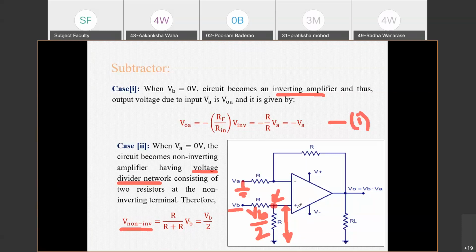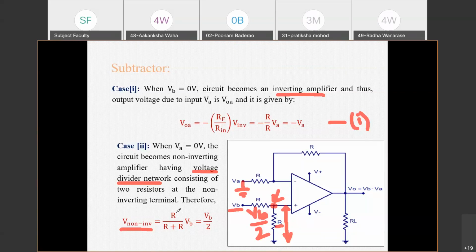So the voltage at the non-inverting terminal equals R divided by the total resistance, R plus R, multiplied by the input VB. This is nothing but the voltage divider formula. Suppose there are two resistances and you want to find the voltage across any one of them, then how will you find it?